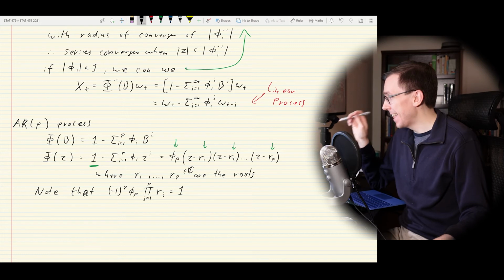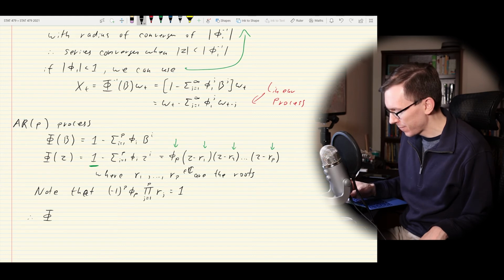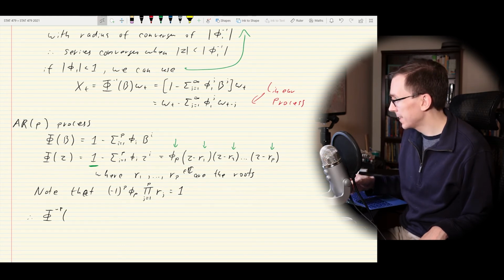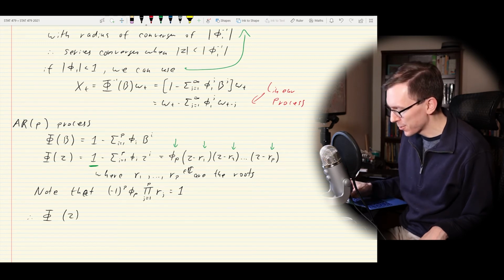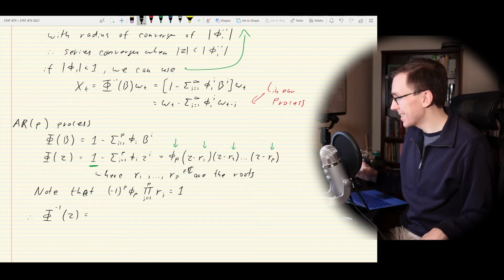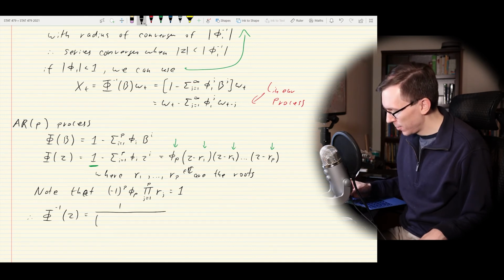And that means, therefore, we can write our phi inverse of, let's say, z. That should be a minus 1, so let's write that again. So this thing now can be rewritten as 1 minus z times r1 to the minus 1.